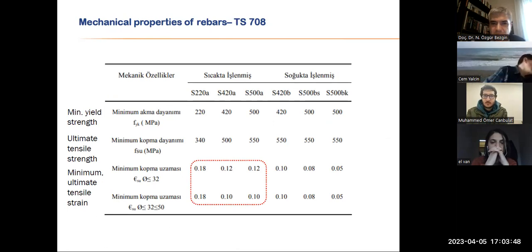The maximum stress it can reach is 340 for the 220 and 500 for the 420, and so on. I would like to ask the dear students something. When you design with steel for reinforced concrete, which stress value do you use?